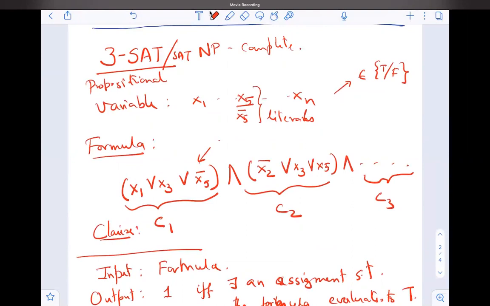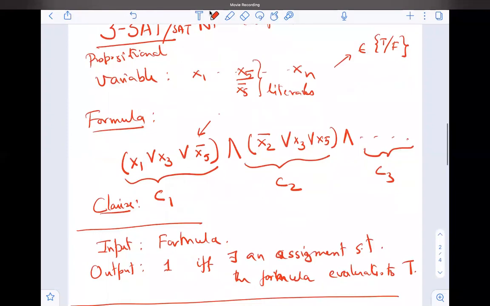How? It's an NP problem. Why is it an NP problem? Because, given a witness, which could be an assignment of the variables, somebody gives me an assignment, and all I have to check is whether that assignment actually makes this formula evaluate to true or not.